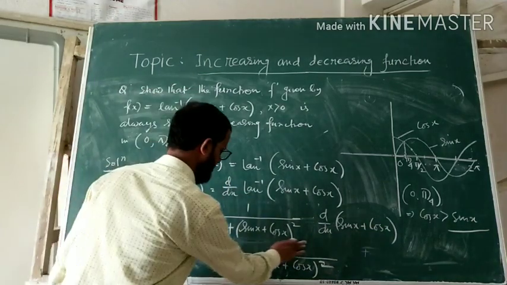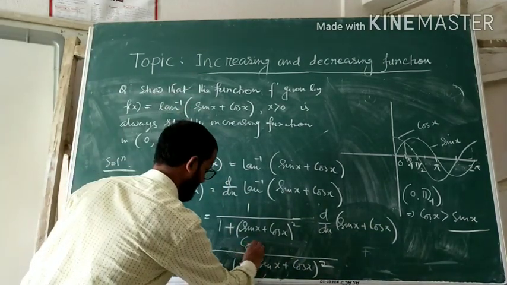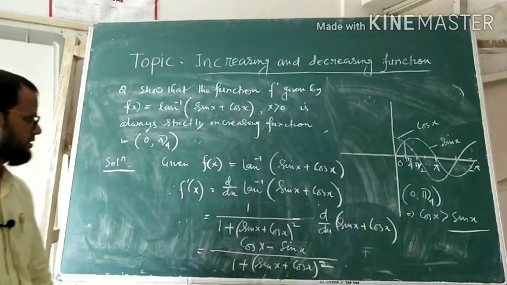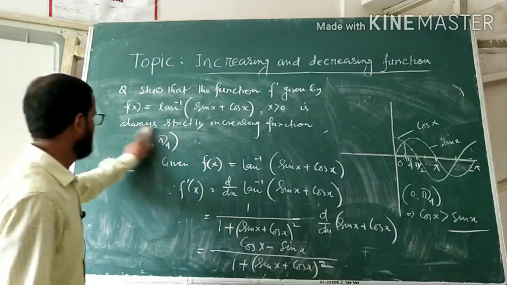So the numerator becomes cos x minus sin x. This is your f dash x.